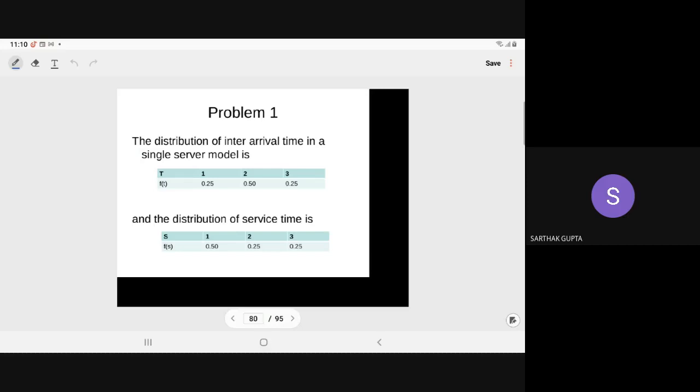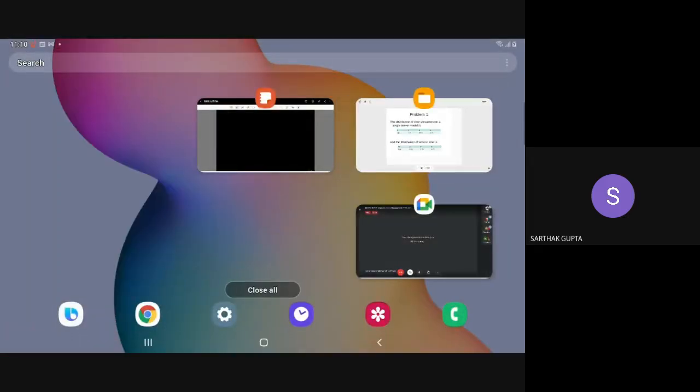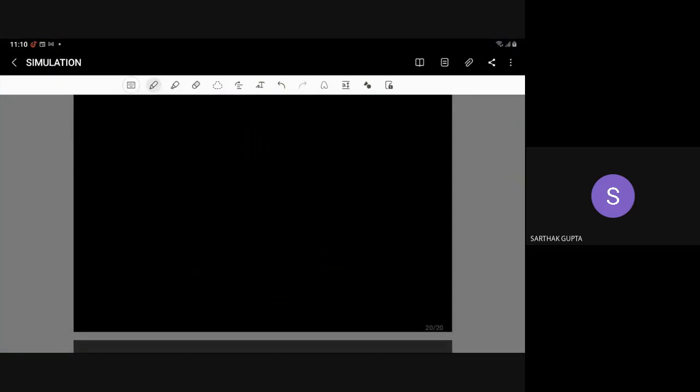Now let us see the algorithm. Everything depends on the event, so we have three cases. First, NET is equal to Tmax, if the next event time is equal to the Tmax.